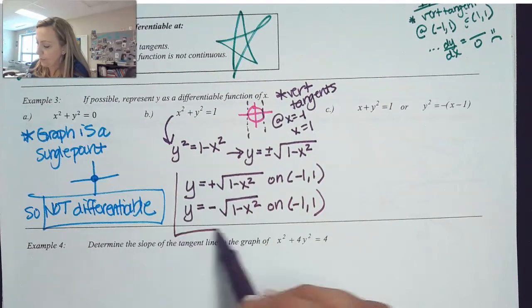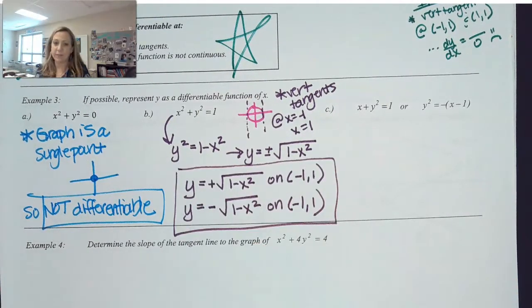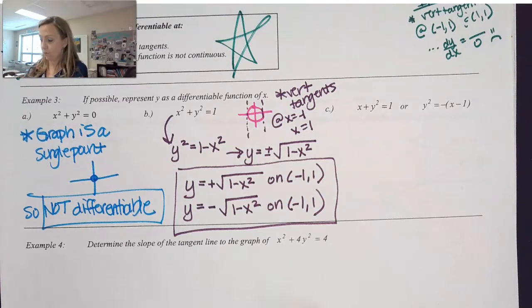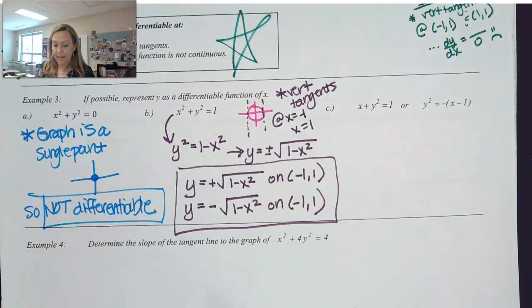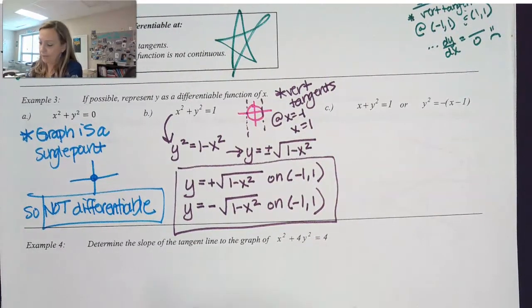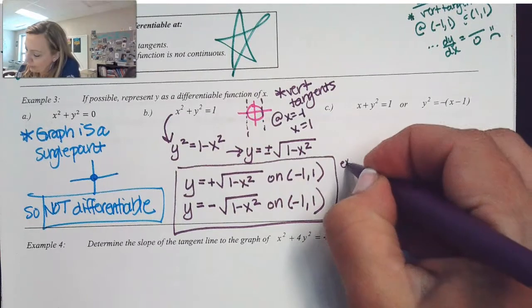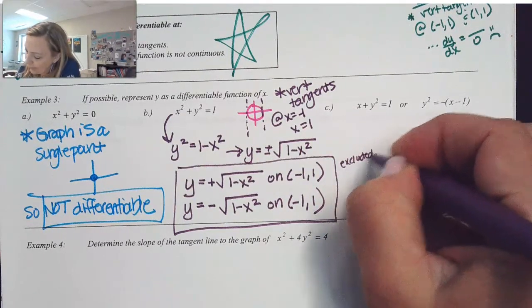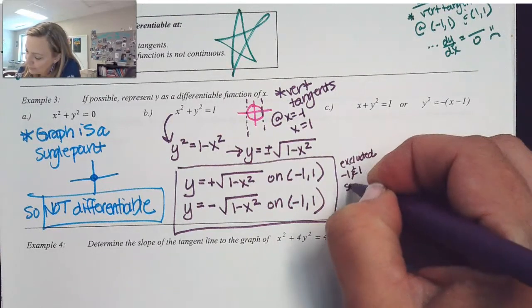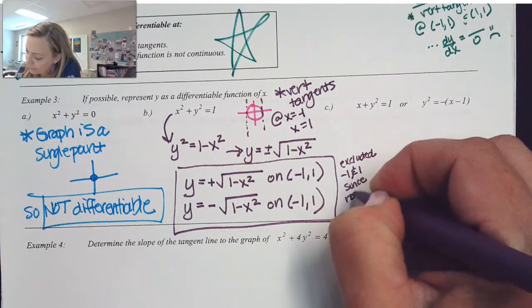So this would be a way for us to represent that as something that was differentiable. Now, the reason that we didn't include 1, I know that our graph goes like from -1 to 1 and includes it, but we did not include it because it's not differentiable at 1, okay? So I'll say it this way, that we excluded -1 and 1 since it's not differentiable.